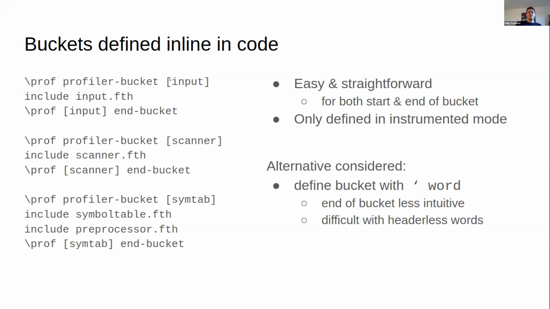You define a bucket with a name, and then at some point you say here the bucket ends. Typically the top level buckets are set around one module file. In a few cases it's more than one.